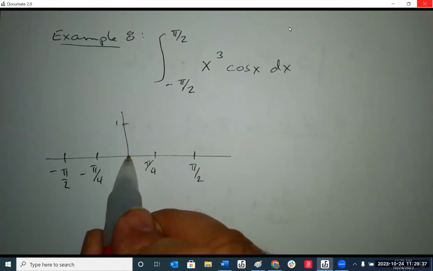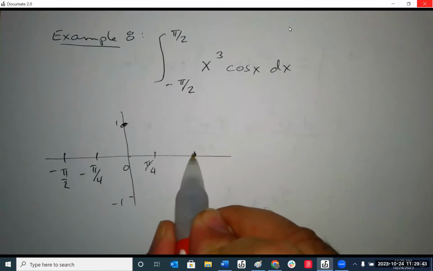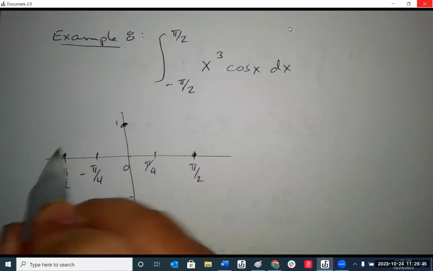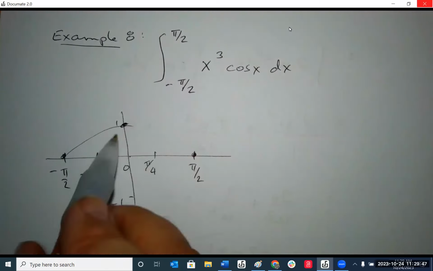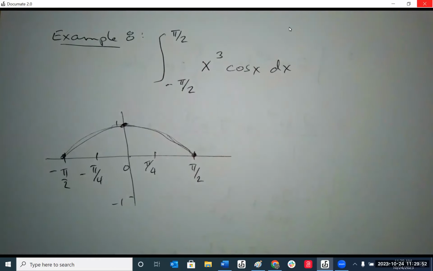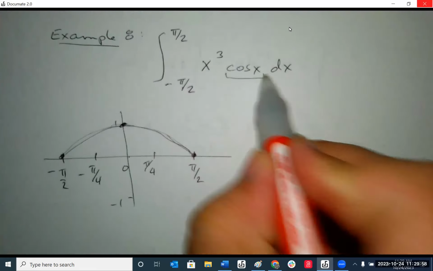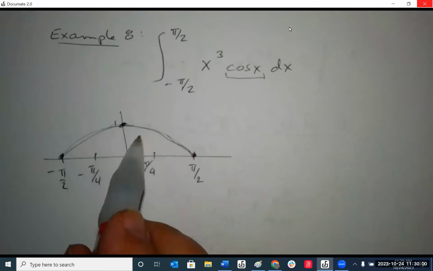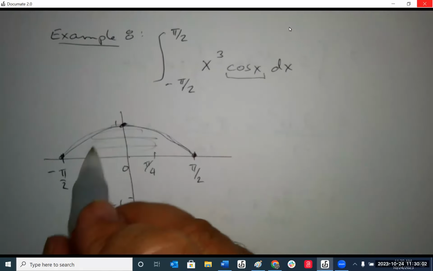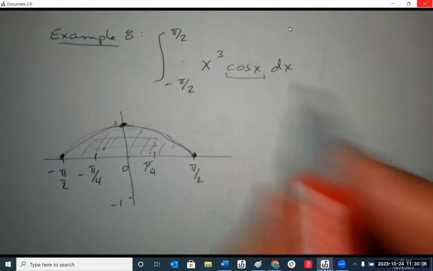At 0, what is cosine? 1. At pi/2, cosine is 0. Makes sense? So this is just for this part. So we'll get a positive answer. It's this area plus this area.